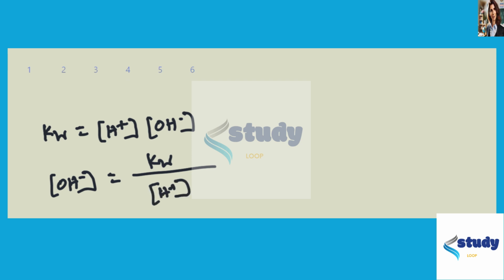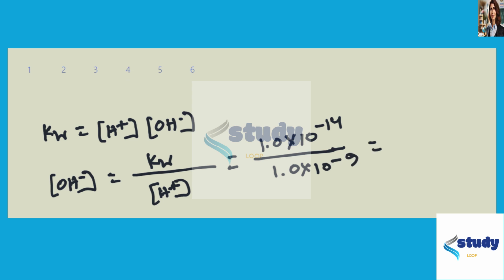As we know, Kw is 1 times 10 to the power minus 14, and the H+ concentration we have already calculated as 1 times 10 to the power minus 9, and from here we can find the OH- concentration as 1 times 10 to the power minus 5 molar.